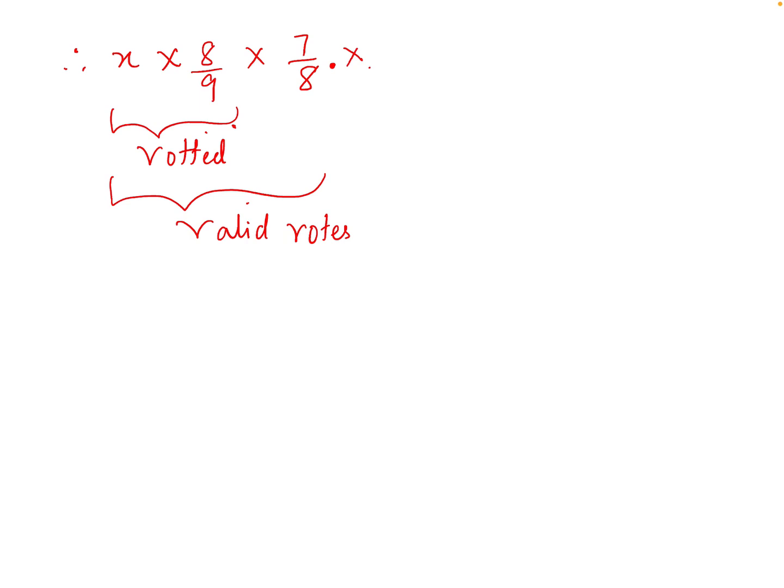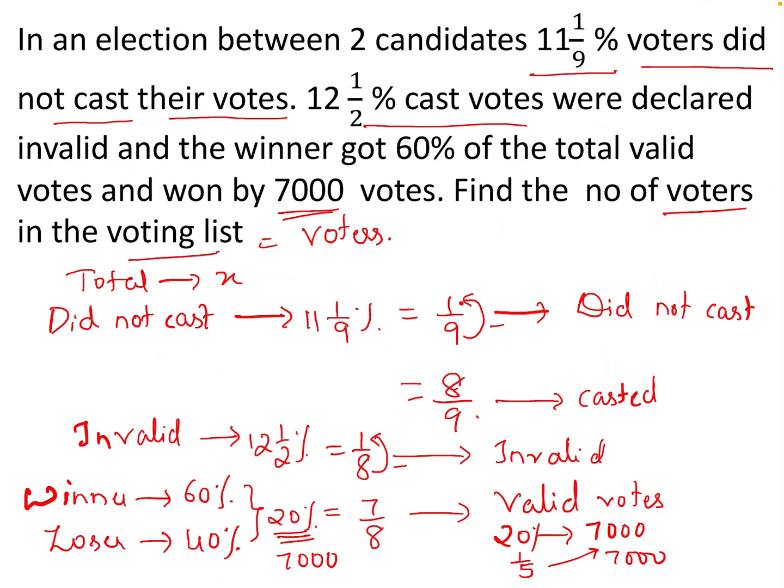Then 20% of valid votes. We know that 20% of valid votes are 7,000, because the winner won by 20%, and from votes he won by 7,000. So 20% is nothing but equal to 7,000.